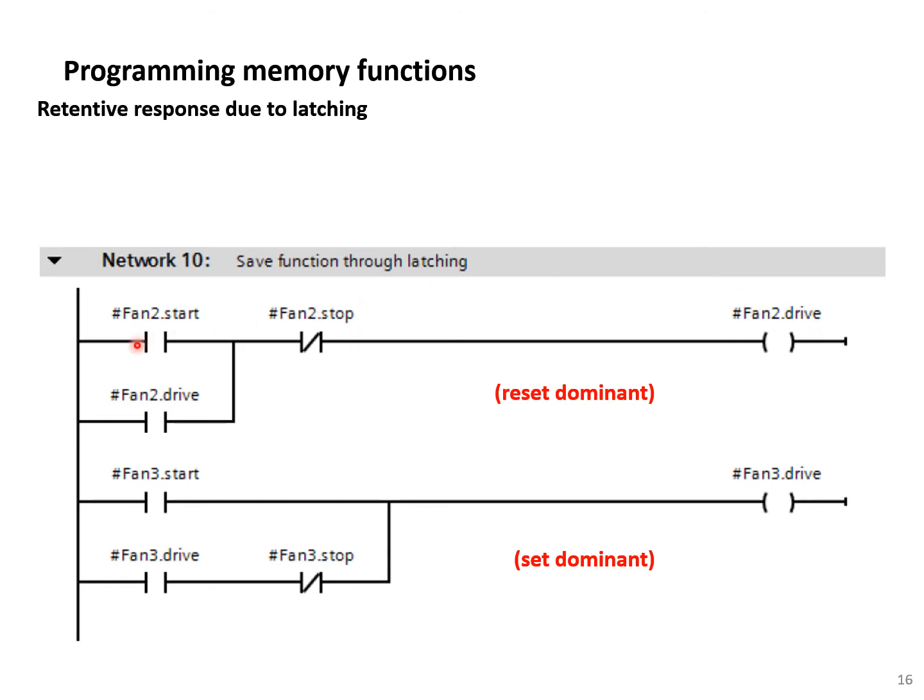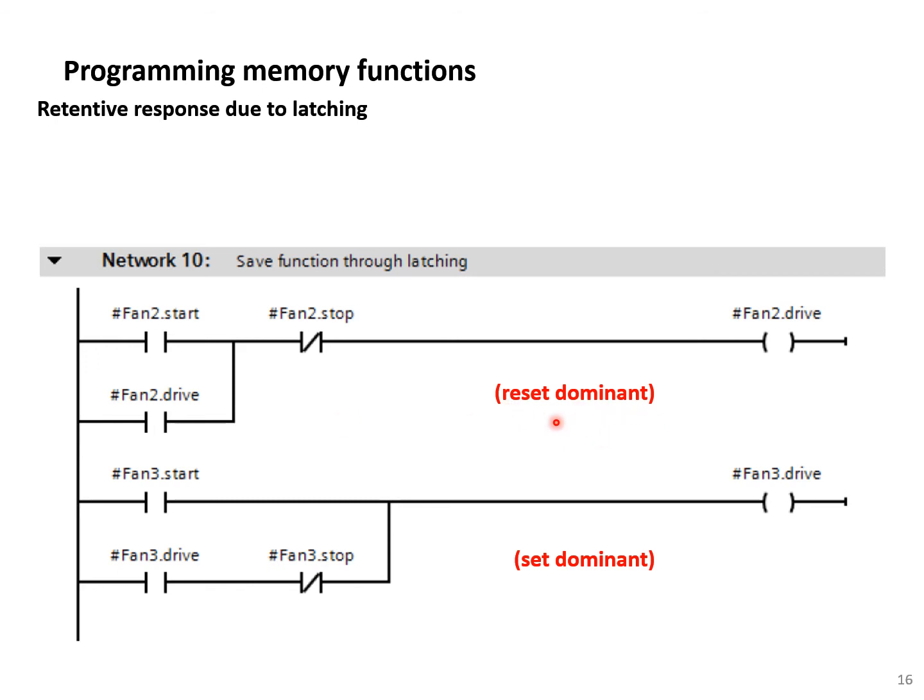So when the start is pressed and stop is not pressed, the fan 2 drive will turn on and this contact also will be on and will keep the logic true here. So even if we release this start push button, the logic will stay true and the fan 2 will be true. So this form of instruction is called the latching.